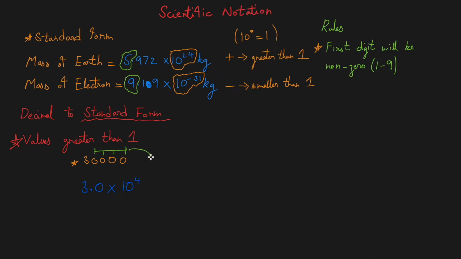These are the total digits after the very first digit, and we have 3.0 multiplied by 10's power 4. So this is a very simple example.